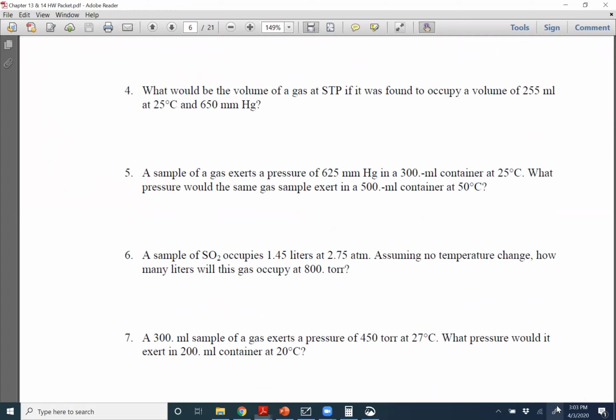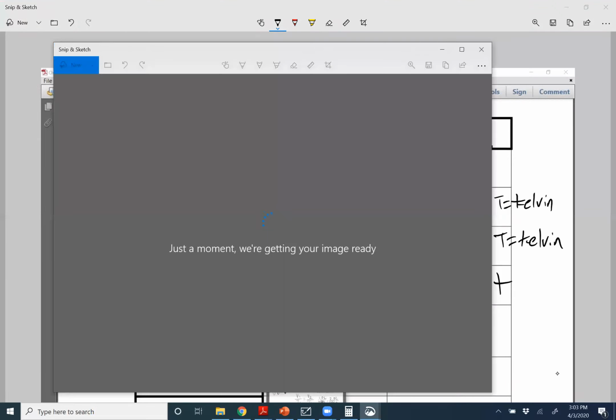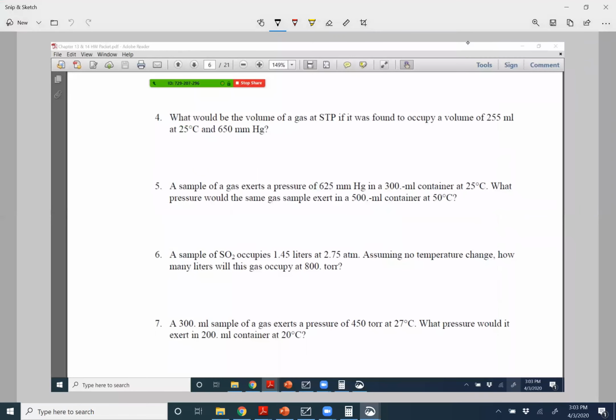One of the most important things when doing these problems is making a list of the information that you're given. I'm going to cut to the new snapshot. There we go. What do you need, Cherish? You want to unmute yourself?